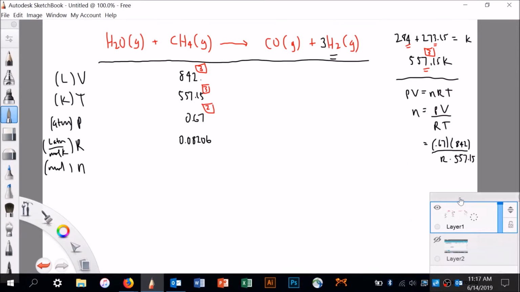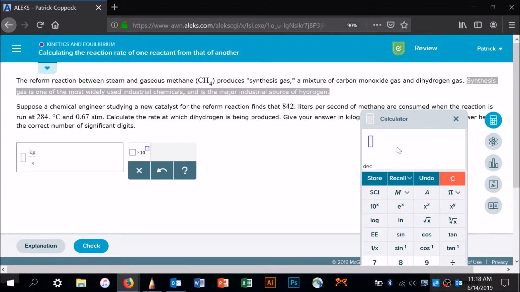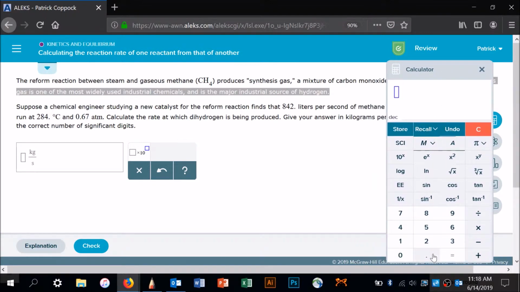Okay, so I'm going to put that in my calculator. I'm going to use my Alex calculator because I want you to see this. It was 0.67 times 842 divided by, and if you've never used the Alex calculator, pay attention to this.